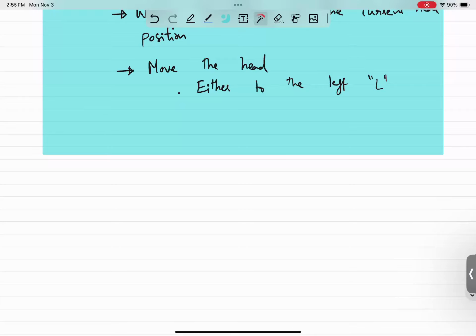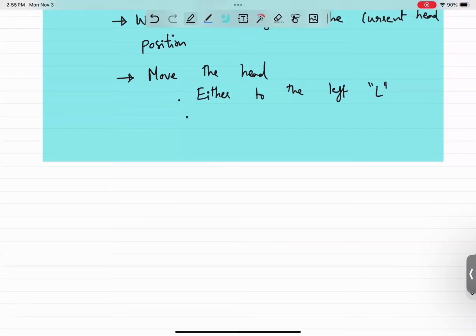What if I'm at the left edge of the tape? Then let's say you cannot move beyond that. Or you can move to the right. Or you can stay where you are.